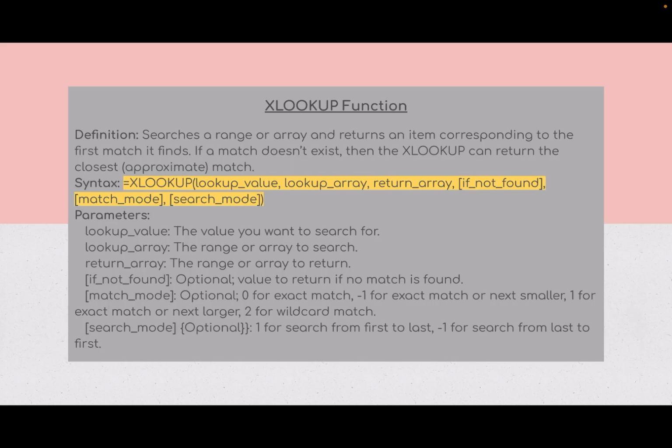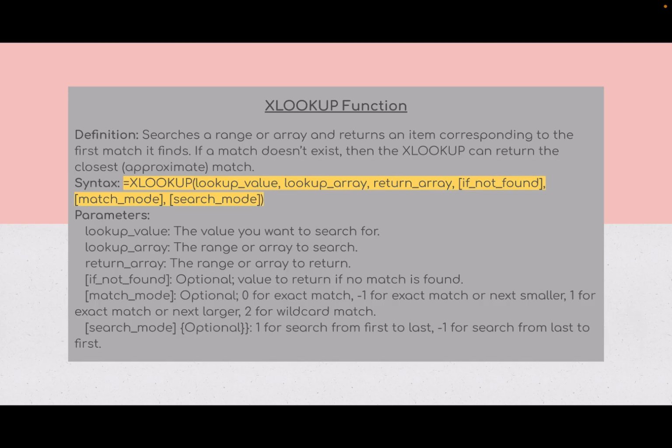So now let's take a look at the XLOOKUP function. To be honest, it's my favorite function and I don't use any other function. So let's go ahead and see the definition. XLOOKUP searches a range or array and returns an item corresponding to the first match it finds. If a match doesn't exist, then XLOOKUP can return the closest, that is approximate match.